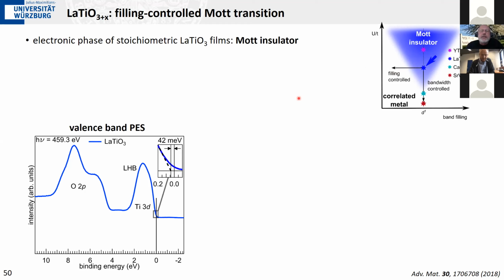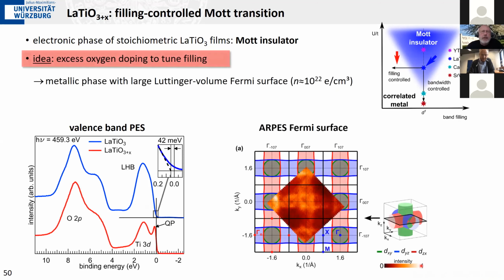And we have seen already that oxygen excess means that we have some kind of p-doping. And we can do this now by going back to the situation where we have a little amount of excess oxygen in our sample. So we go from this situation here towards this boundary. We actually cross this boundary now and go into a metallic regime. And this is shown here.